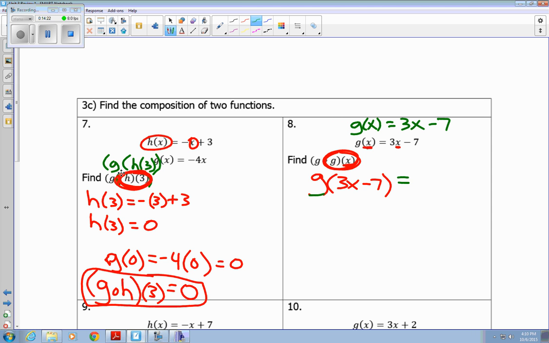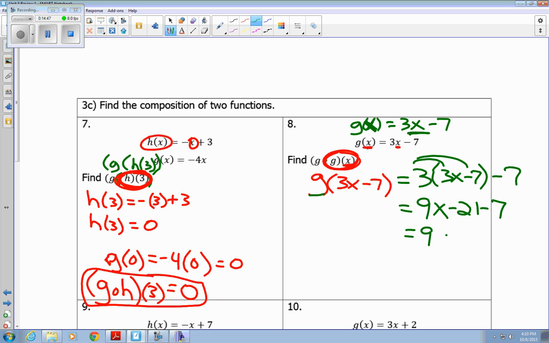So we have 3 up here, and where this x is, I'm going to put 3x minus 7, and subtract 7. Let's simplify this. Distribute, so we get 9x, 3 times 7 is 21, minus 7, 9x minus 28. And that is what g of x equals.